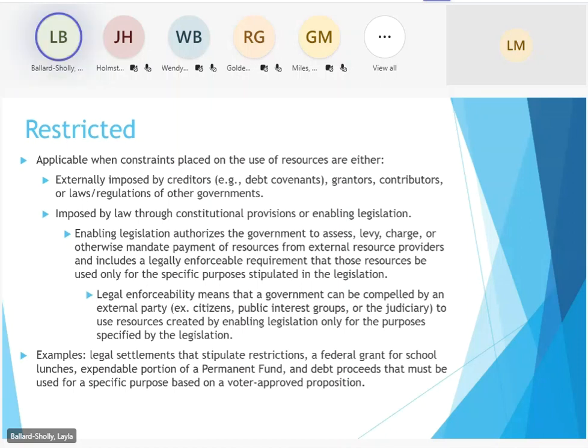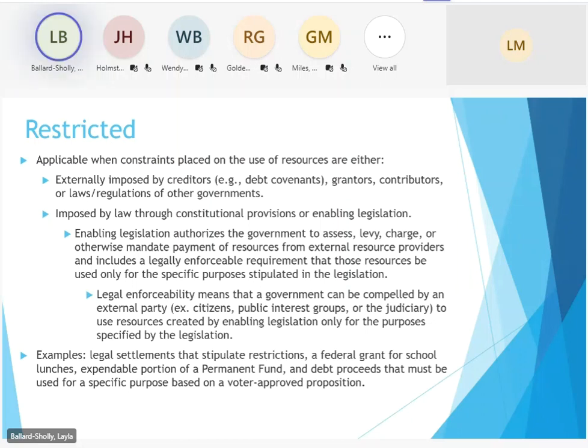That's a bunch of legalese there, but a good example of this that I think most people are probably familiar with is our gas tax that increased over the last 5 or so years.